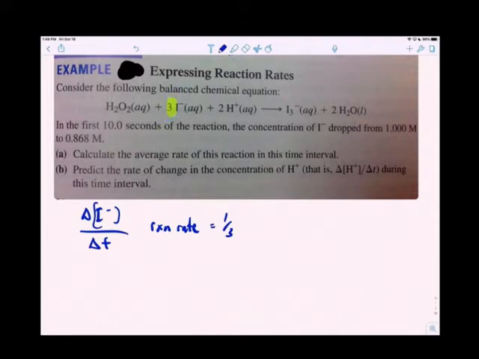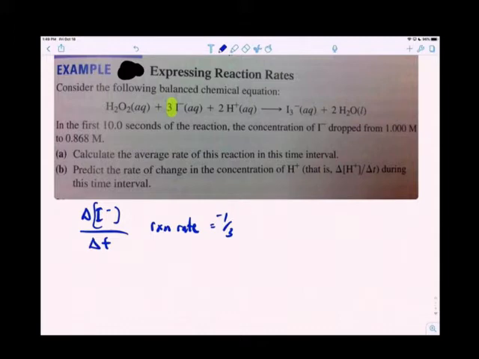For every unit this reaction goes forward, iodide is going at 3 times that rate. So you have to put a 1/3 there. In which direction is it going? The reaction rate is going forward. Iodide is disappearing, so we put a minus there for the disappearance of the iodide.